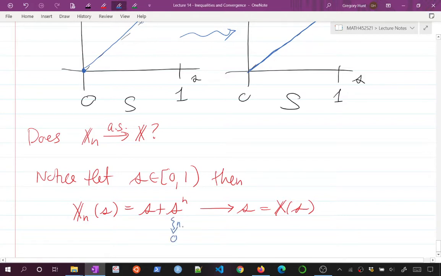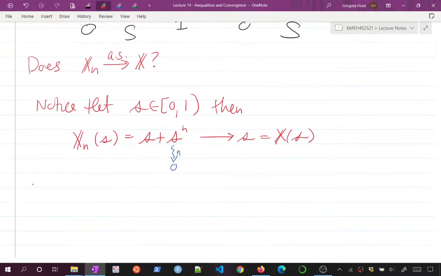As n gets larger, that thing goes to 0, and I'm just left with my s, and that is exactly X there. So for any point between 0 and 1, not including 1, that's going to be true.